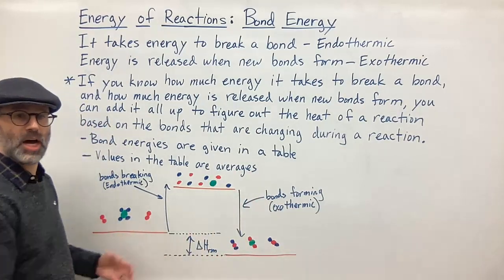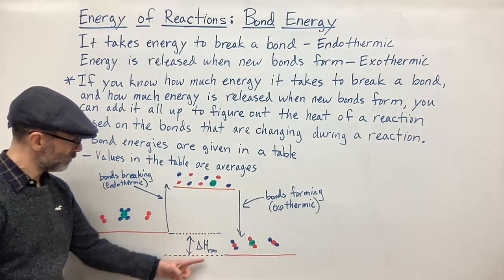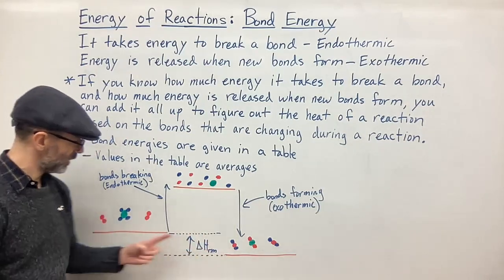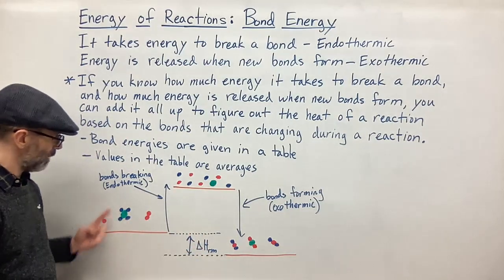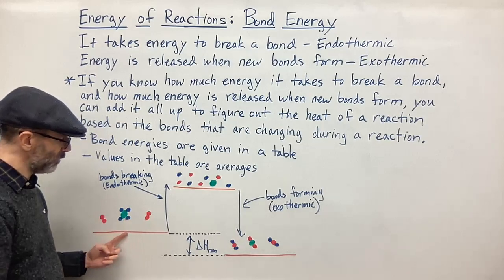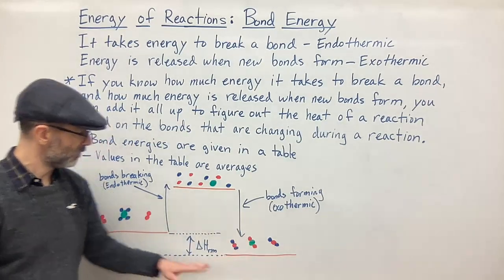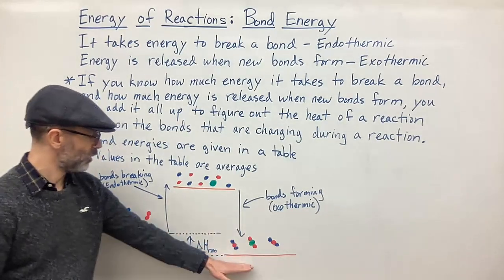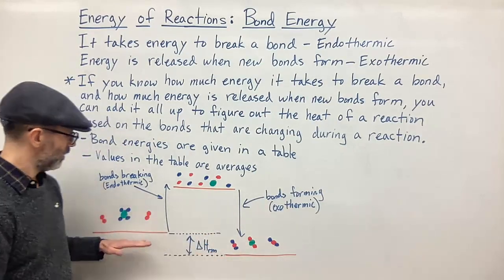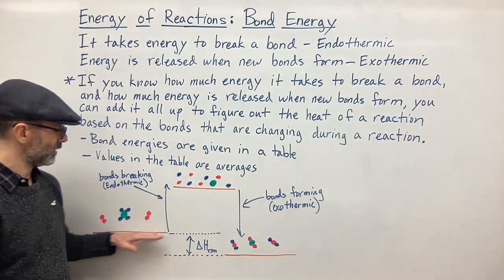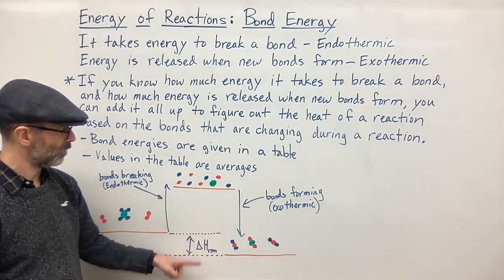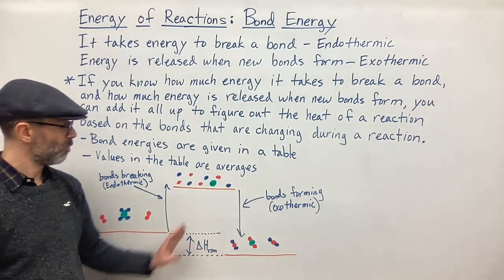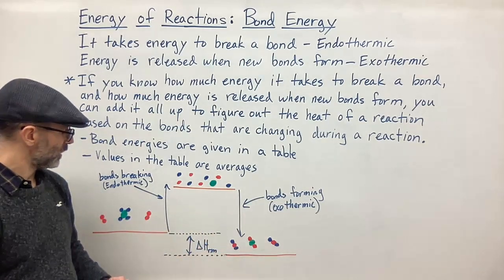And that becomes the delta H of the reaction. So basically I get the difference in the amount of energy in reactants versus the amount of energy in products. And you can see here that the energy of the products is lower than the energy of the reactants. So this would end up having a delta H that is negative. So more energy is released.